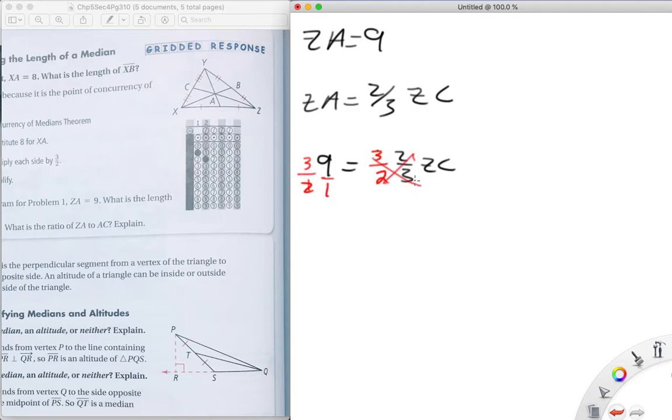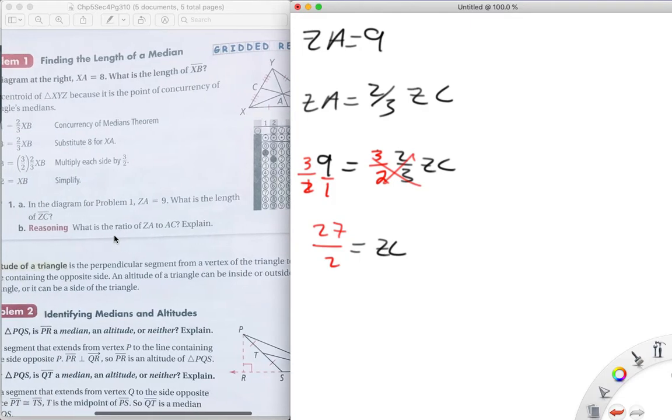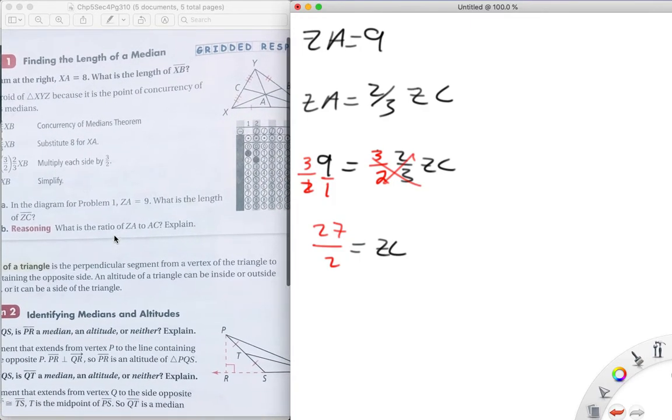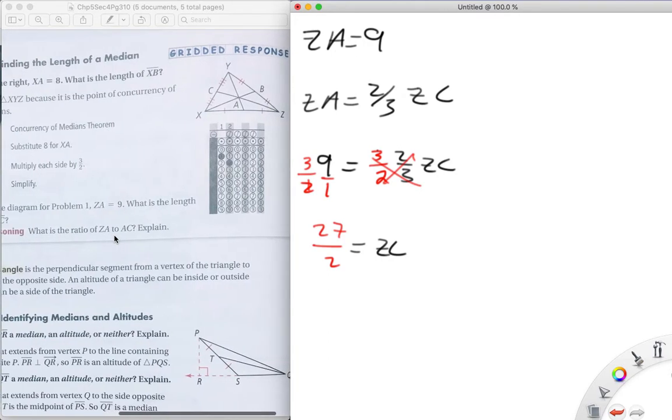These guys go away. 3 times 9 is 27. 2 times 1 is 2. So the whole entire median would be 27 over 2. Okay? All right. They also ask you to find the ratio of Z to A to C.